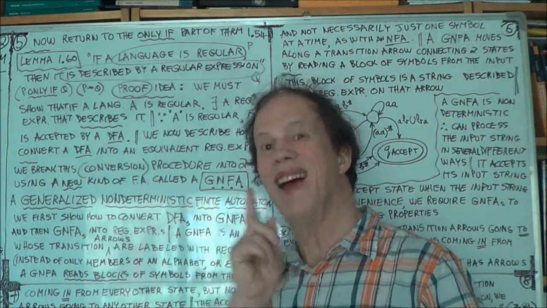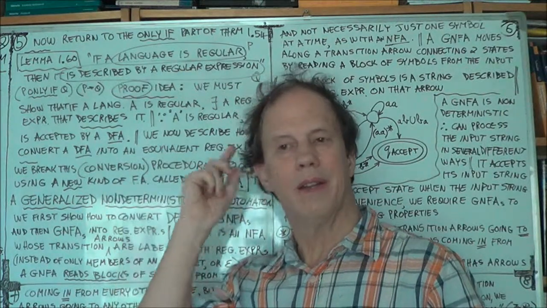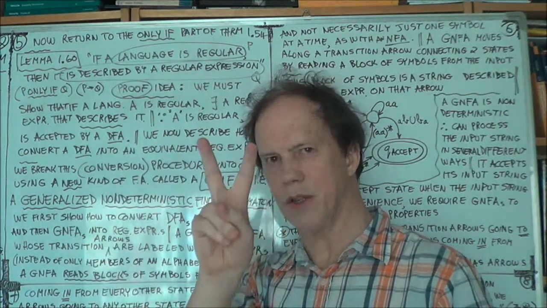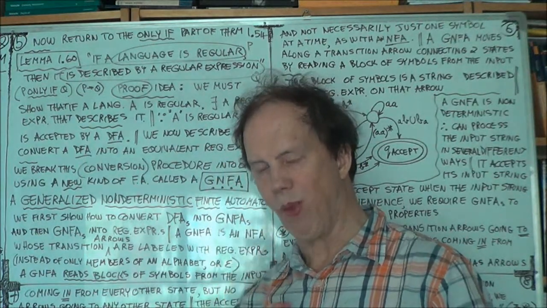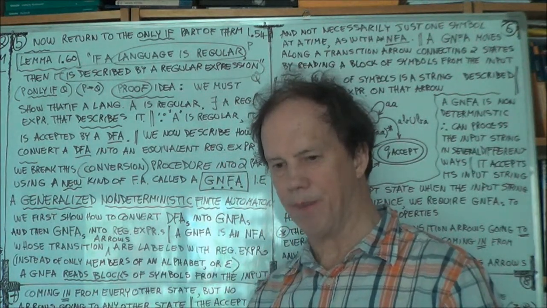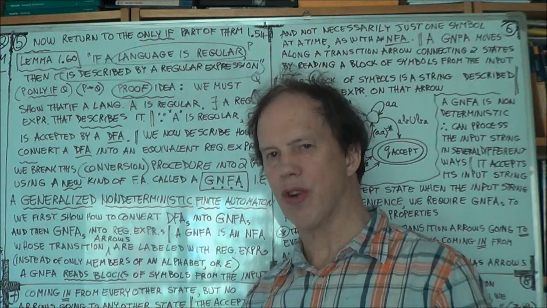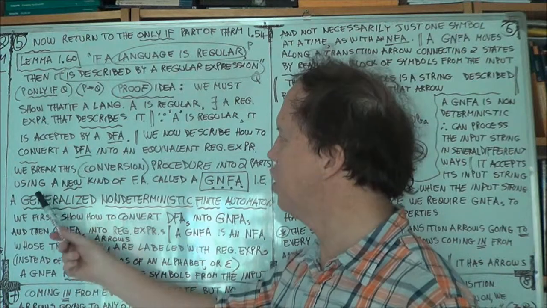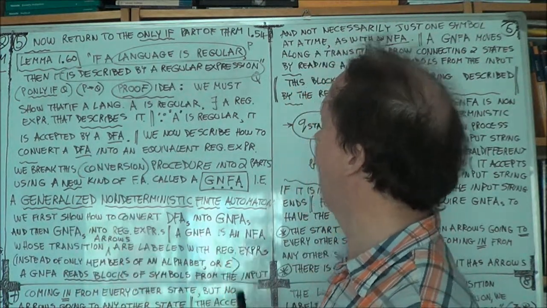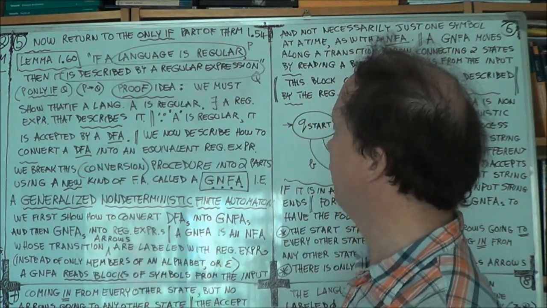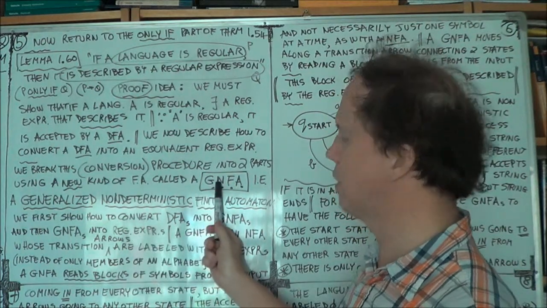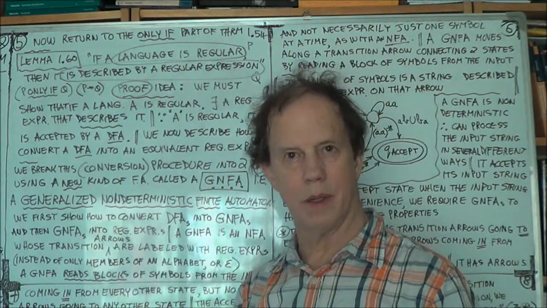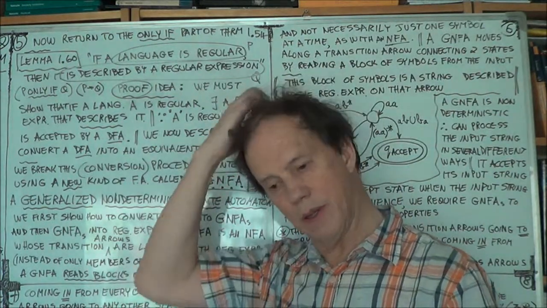Now, to go from a DFA into a regular expression, we need two steps. The first step is to translate the DFA into something called a GNFA. Now, the N is still just non-deterministic. I'll explain what this is. So that's the first step.